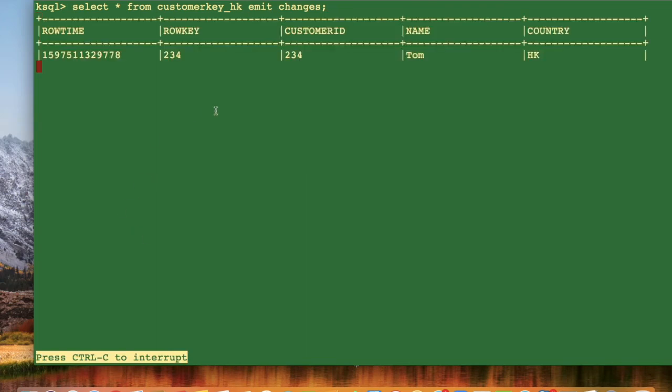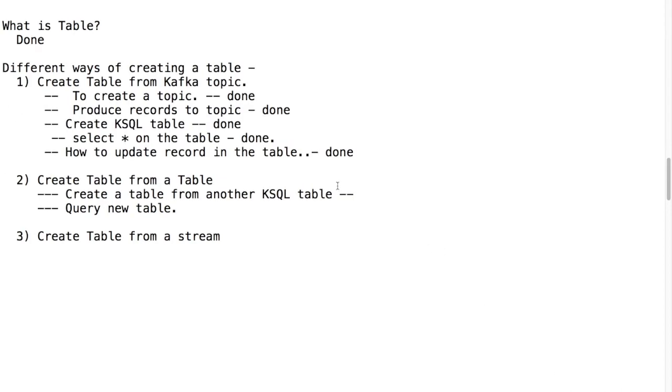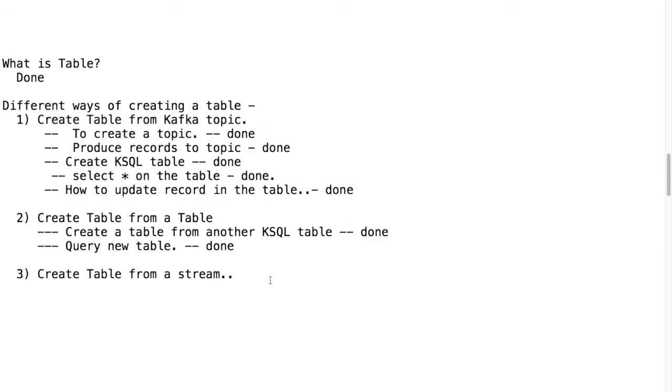Okay, so you can see it has given me the HK specific record, and there were two records in my original table. If you remember, one was related to US and another is related to HK. So the HK record is part of this customer HK table, and the same has been reflected on the screen. Okay, so now I will just mark both of these steps as done. Query new table, this also. So our table is ready, we have queried it as well.